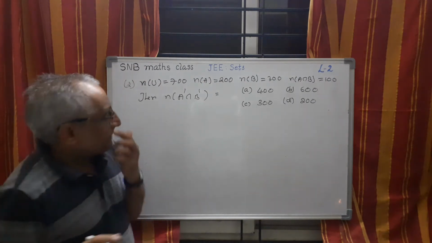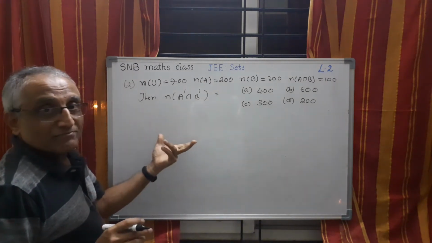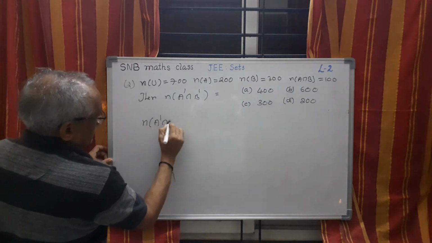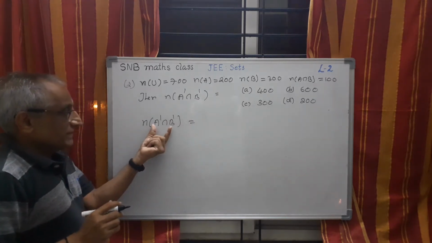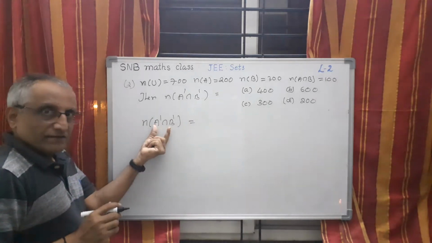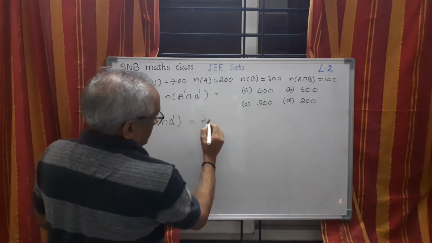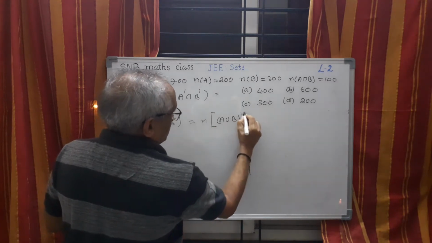So here, if you know De Morgan's law, it is very simple. The number of elements in A complement intersection B complement, but we know that A complement intersection B complement is the same as (A union B) complement. Therefore, this is the number of (A union B) complement.